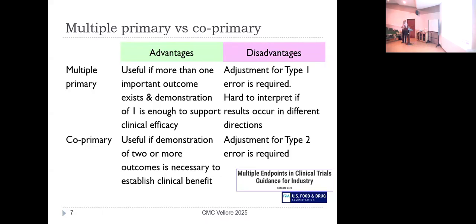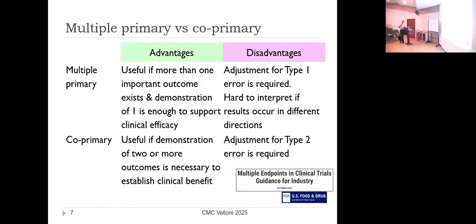You have to calculate the sample size for both. You have to share the alpha, and let's say it's not significant in the first one, then you cannot test the second one. So that's the other one. This is another issue too: you may say that I have multiple primaries, but one is slightly more important than the other.